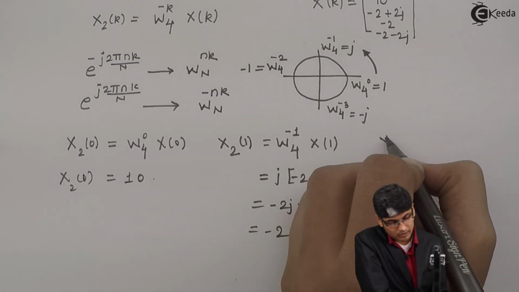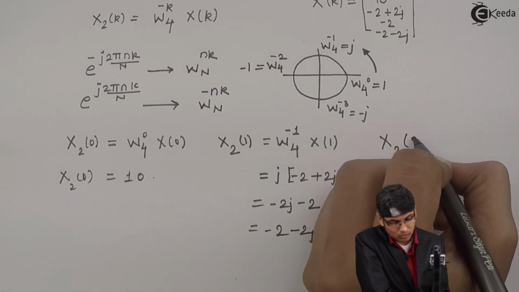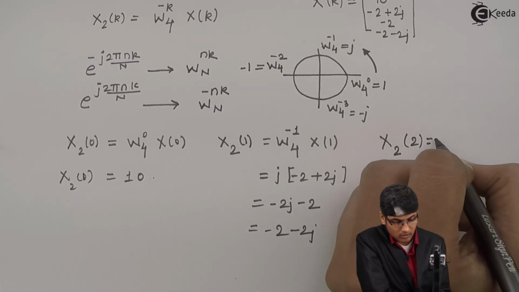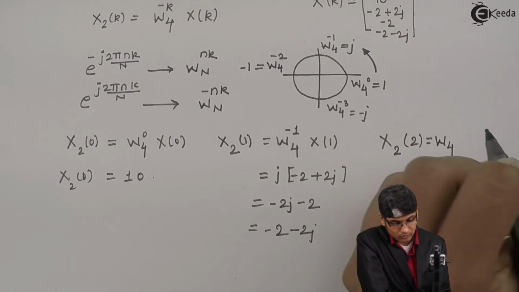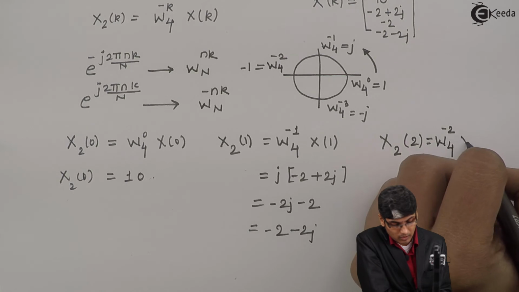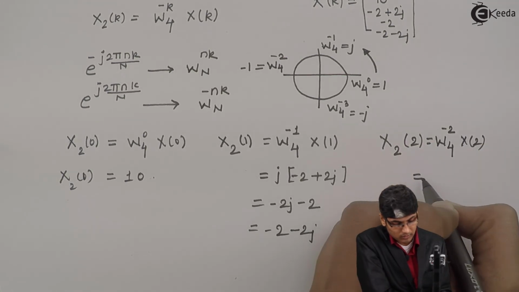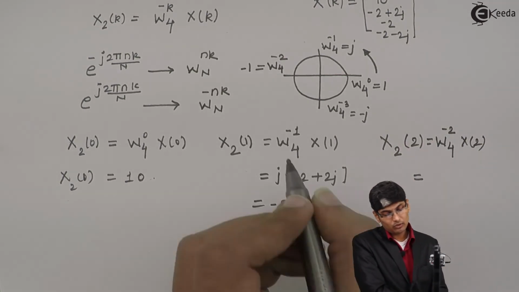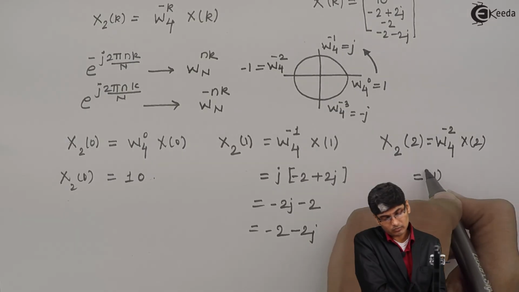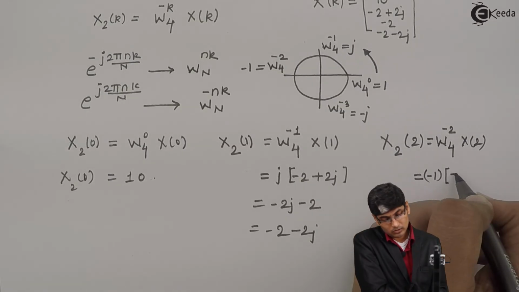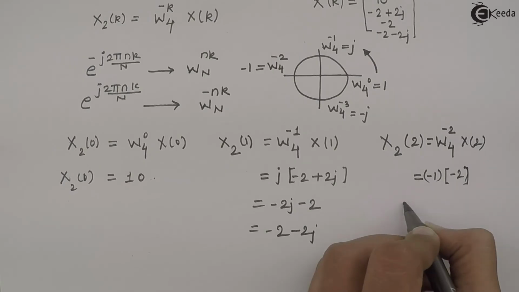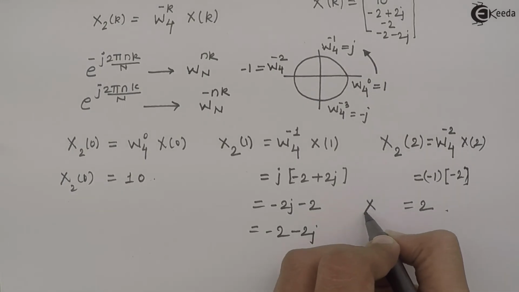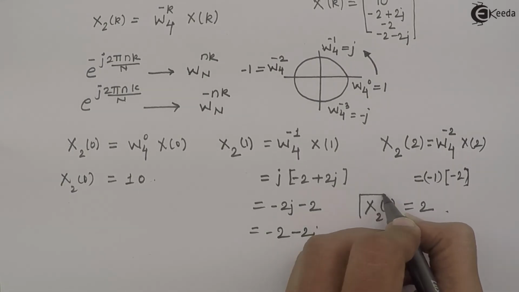Okay. Then we will go for X2 of 2, which is W_4 raised to minus 2 times X of 2. W_4 raised to minus 2 is minus 1, into X of 2 which is minus 2, then I will get 2. So this is X2 of 2, which is 2.